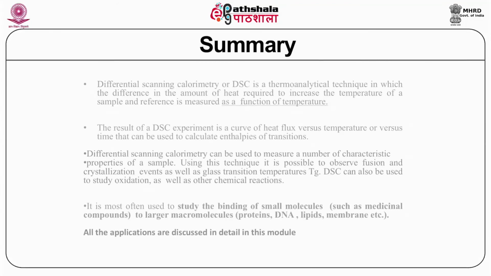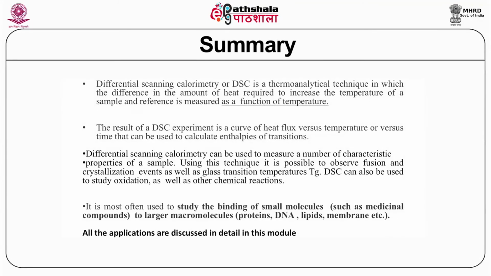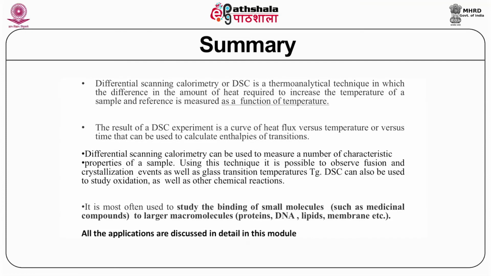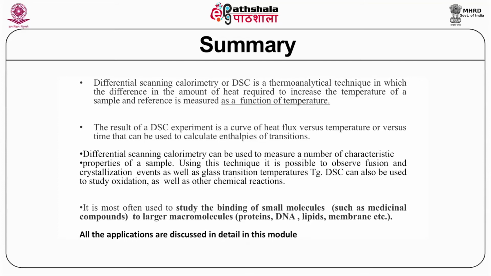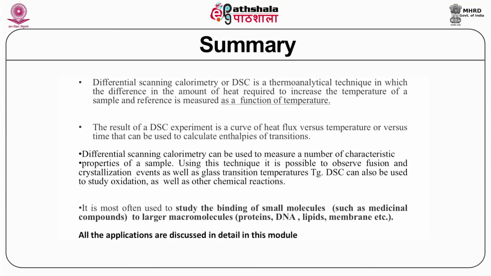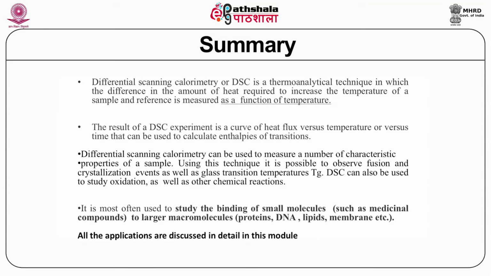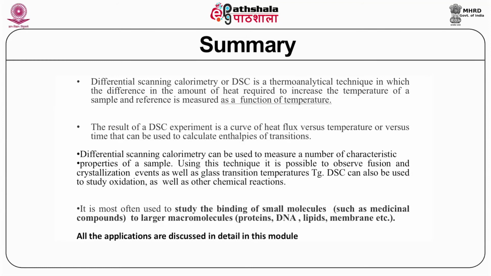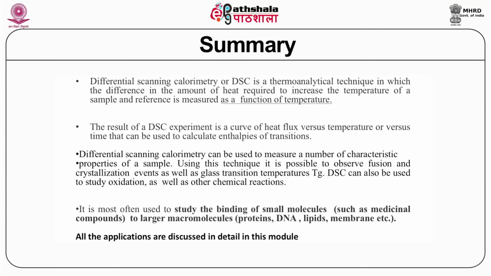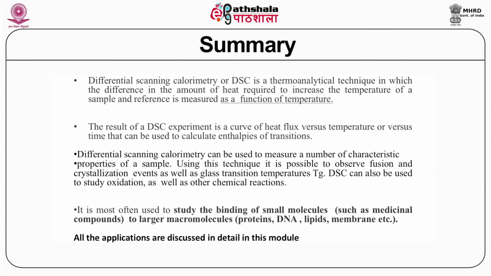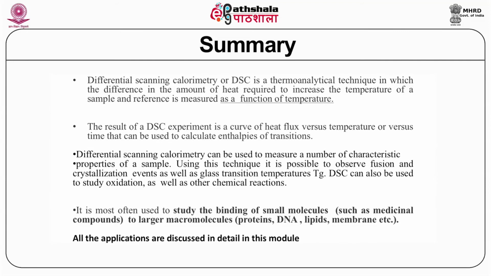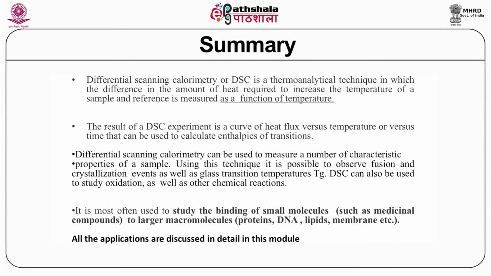So, the summary of this module is that DSC is a thermoanalytical technique in which the difference in the amount of heat required to increase the temperature of a sample and reference is measured as a function of temperature. The result of the DSC experiment is a curve of heat flux versus temperature or time, and that can be used to calculate enthalpies of transitions.